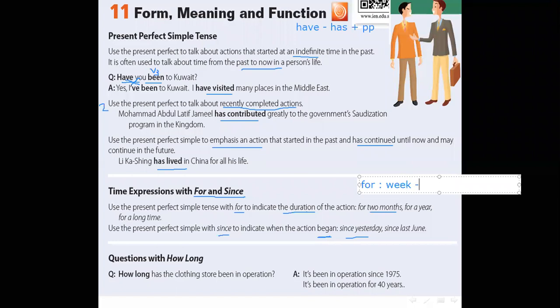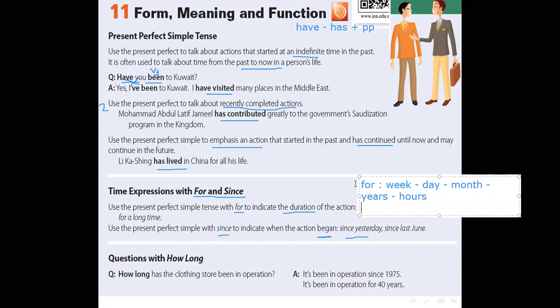When I say 2 days or 3 days or a month or year, 2 years, 3 years, 5 years, or 2 hours, 5 hours, 3 hours. Okay. What about since?